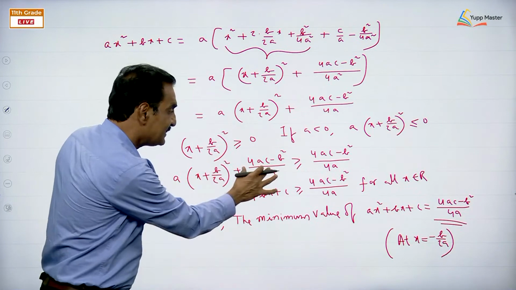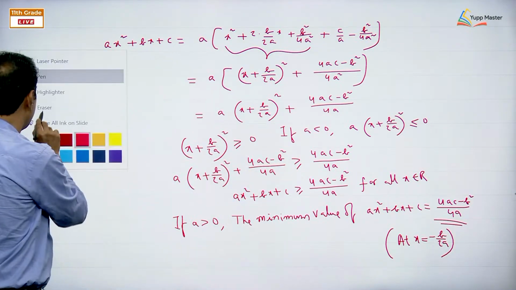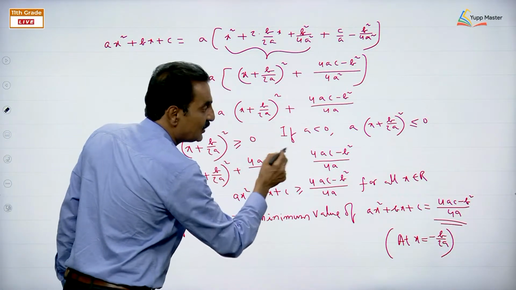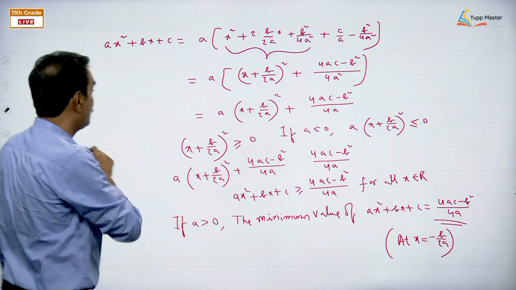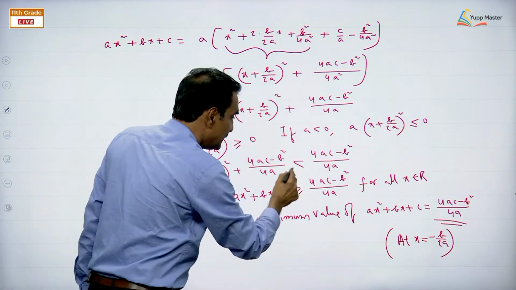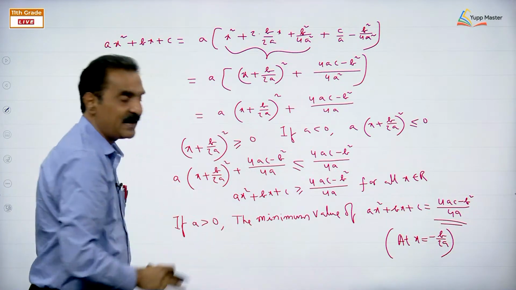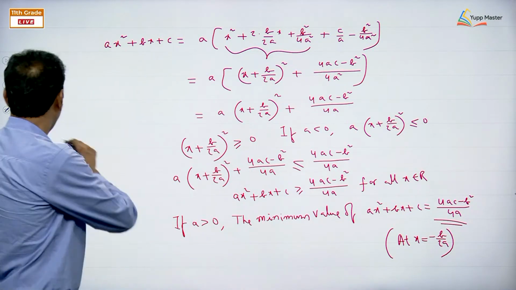Then adding this constant, greater than or equal to 0 becomes less than or equal to 0. By adding the constant, we get this is less than or equal to this, but this is nothing but ax square plus bx plus c.